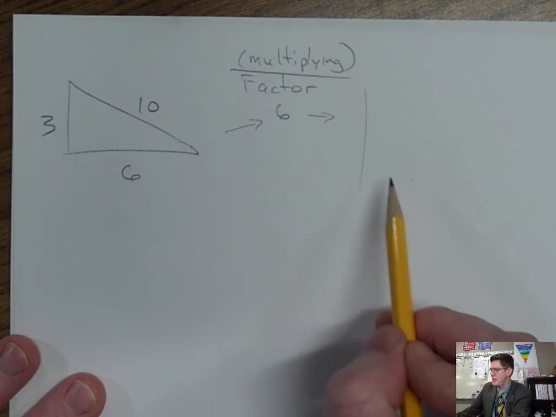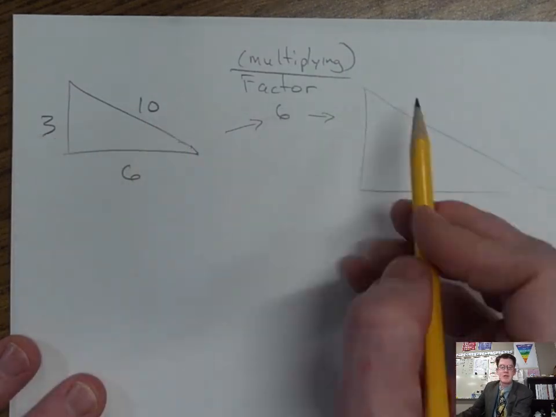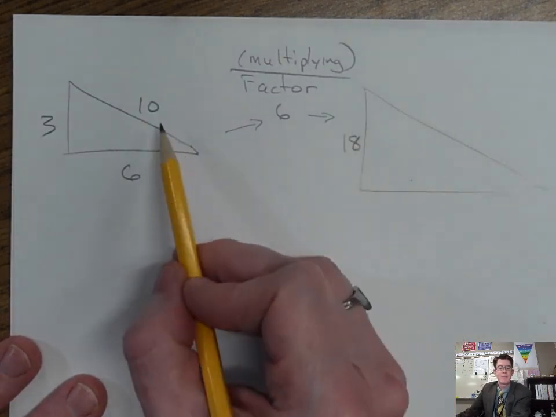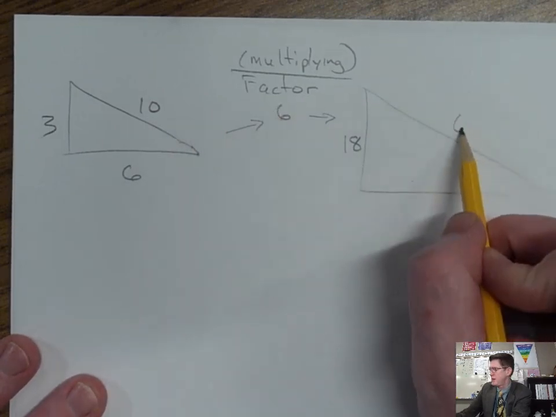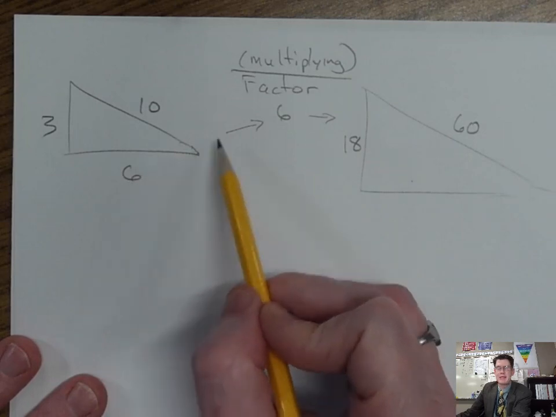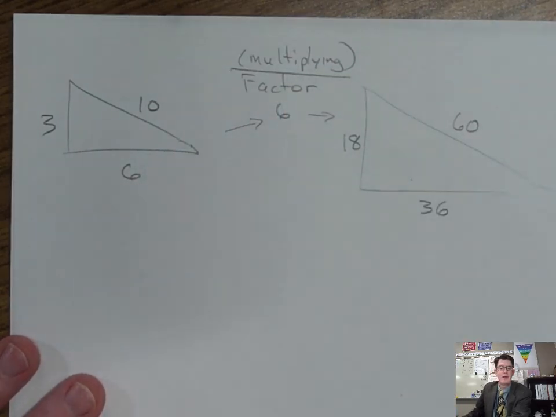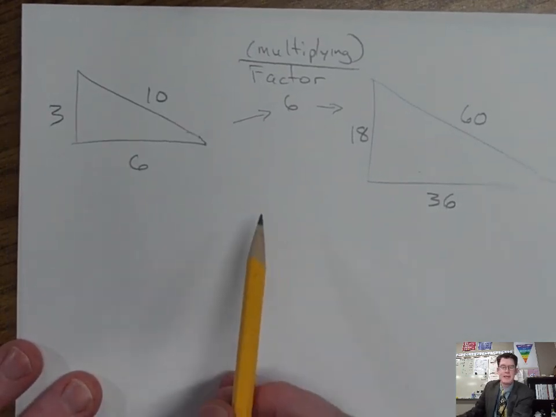So each one of these, I'm not drawing it as big as it would be, but instead of 3, it's 3 times 6. This side is now 18. And 10 increased by a factor of 6, so 6 of them makes it 60. And 6 increased by a factor of 6, or multiplied by 6, is 36. That's what it means to use a scale factor.